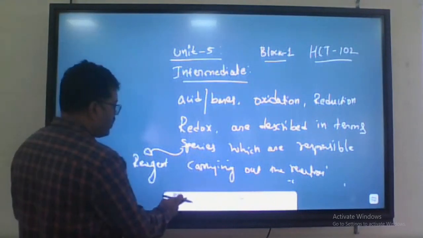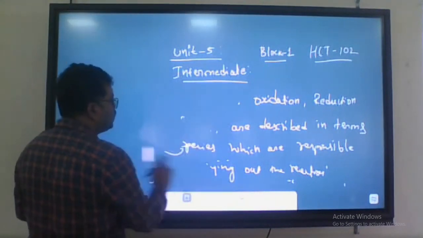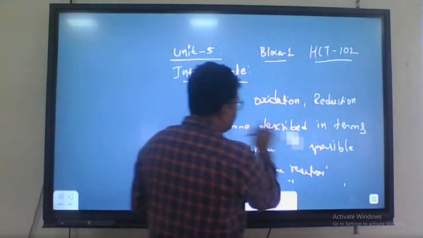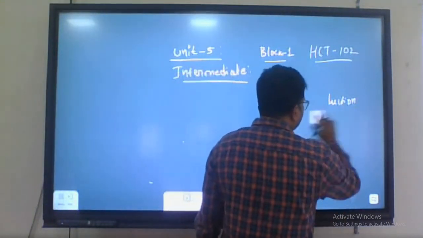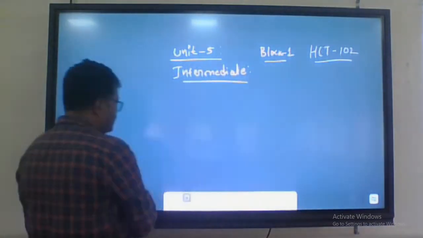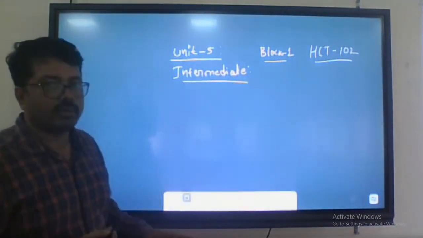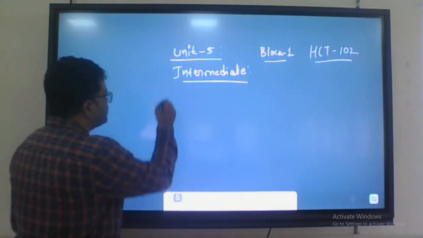There are two types of reagents. This is very basic and very important for understanding organic chemistry. What are the two types?